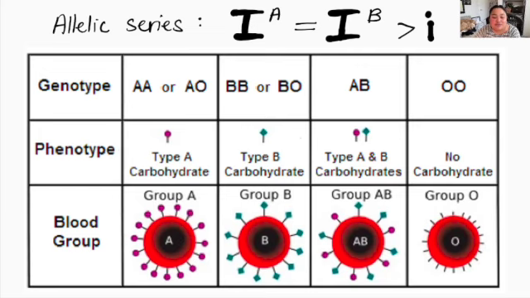The same goes for when the B allele is present with the O allele in the heterozygous BO genotype, the dominant B allele masks the recessive O allele, and the heterozygous individual has type B blood. Because the O allele is autosomal recessive, 2 recessive O alleles must be present in the genotype in order to be expressed in the phenotype as type O blood.